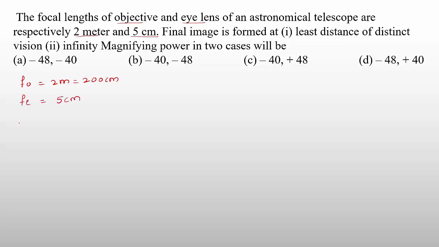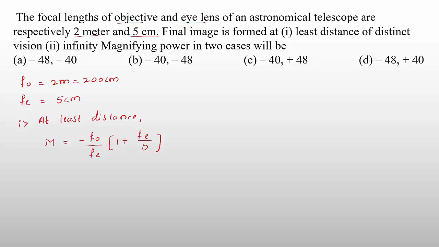Then come to the first case. The first case is at the least distance of distinct vision. This is the least distance, right? So we have the equation for the magnifying power of a telescope, that is M equal to minus FO divided by FE into (1 plus FE divided by capital D).